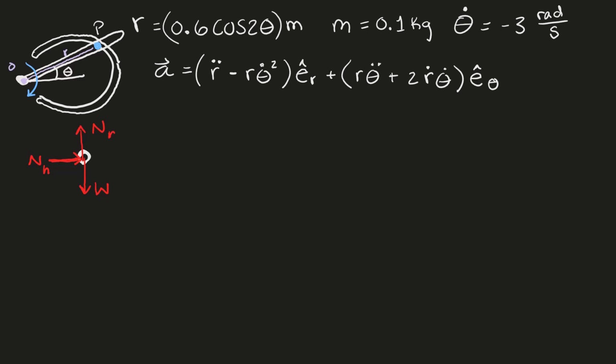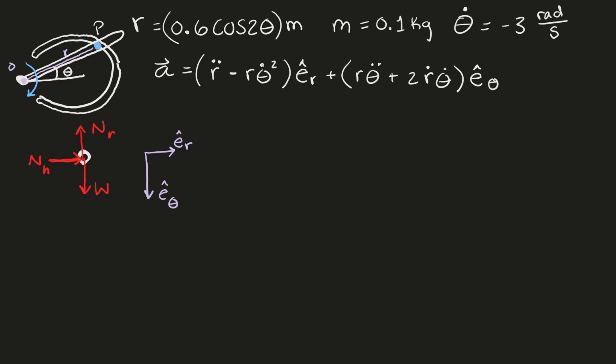So the fixed point is O, so it's r distance away. And when that's at 0 degrees, we know that r is actually going to be in this direction. So we have e_r, and we know that the theta direction is 90 degrees away, and the motion is going clockwise, so it must be down. So there you go. We have a proper free body diagram now.